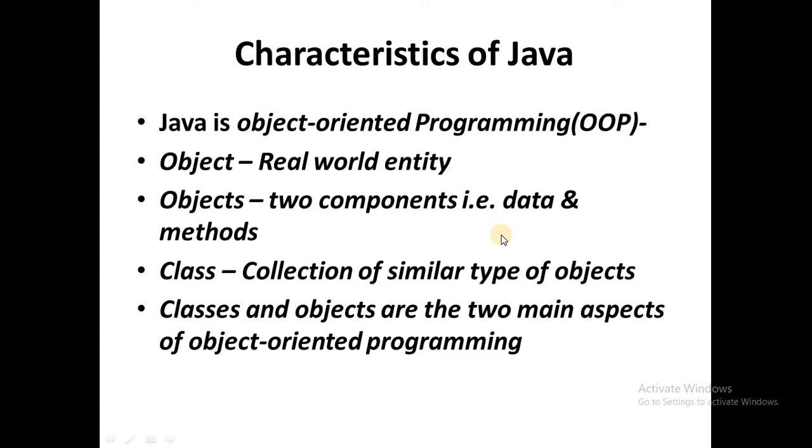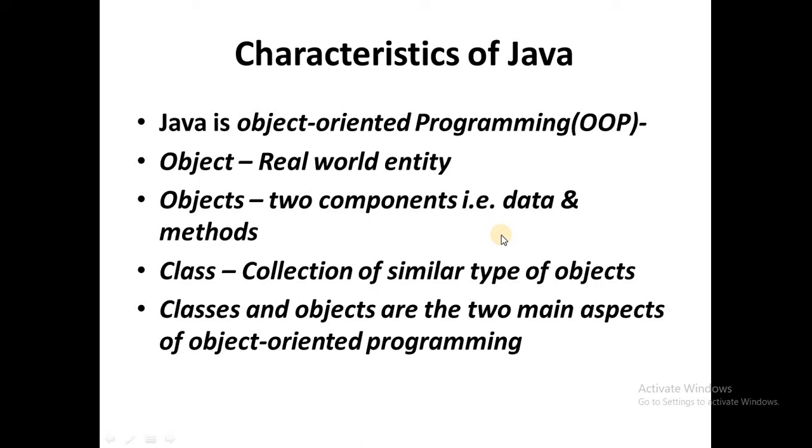Okay, and what is a class? Class is nothing but a collection of similar type of objects. So classes and objects are the two main aspects of an object oriented programming language. Object oriented programming means you should think about only the classes and objects.